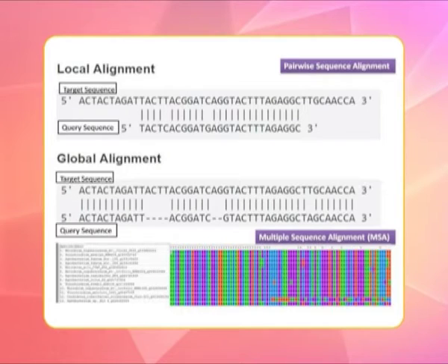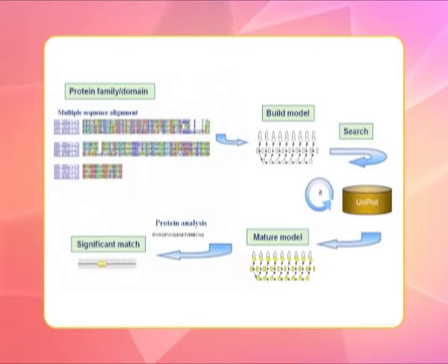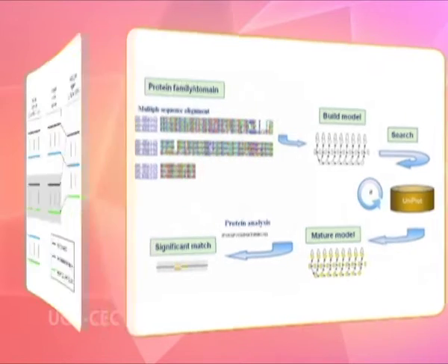Pairwise alignment measures the similarities between a query sequence and each of those in a database using BLAST search. The most used bioinformatics tools, multiple sequence alignment is a useful tool in designing experiments for testing and modifying the function of specific proteins, predicting their functions and structures, and identifying new members of protein families.